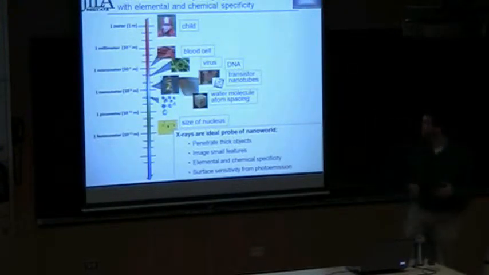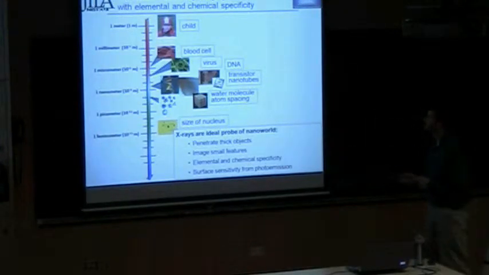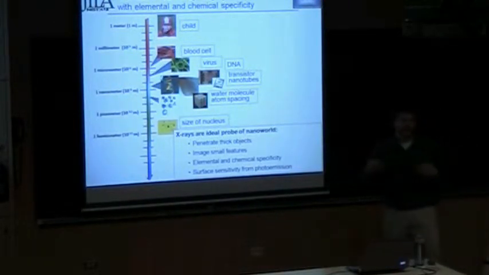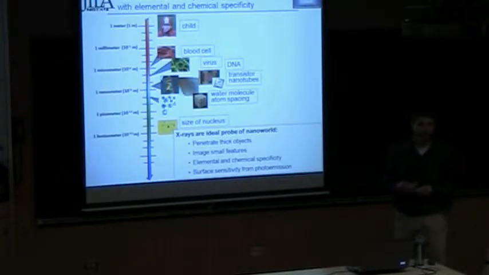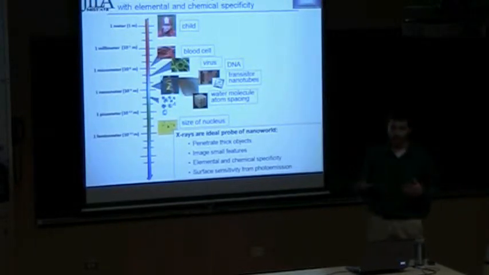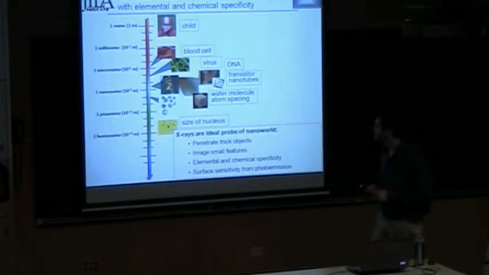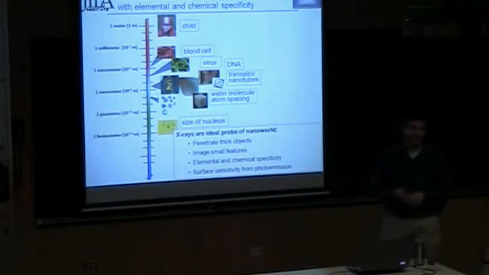I think a lot of you have thought about some of these kinds of problems before. But as you want to start to push to study things on the nanoscale, things that have features with nanometer to tens of nanometer size, of course, if you want to use an optical microscope, you're getting to be well below the wavelength. You're getting features much smaller than the wavelength of your light.